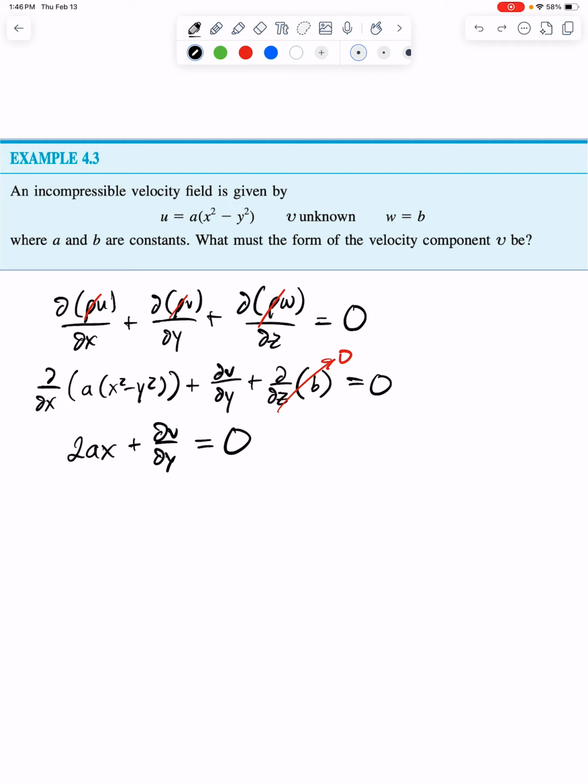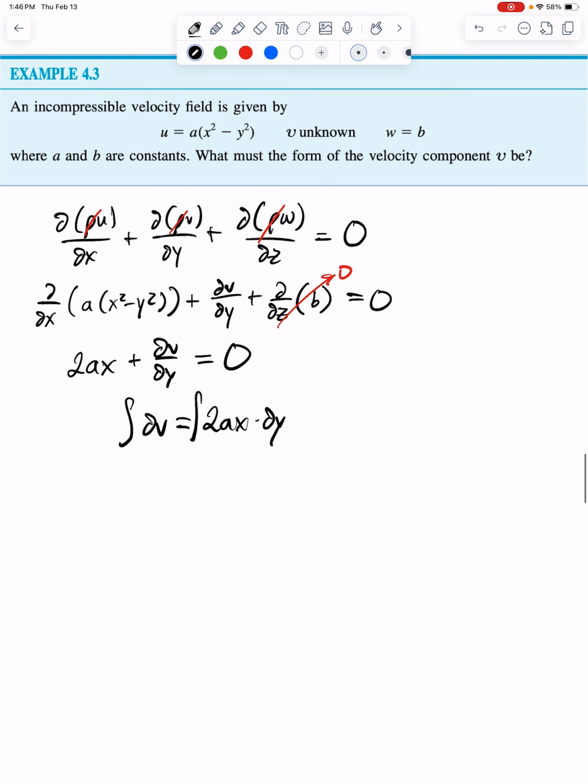So I move the 2ax to the right-hand side, and I multiply both sides by dy, and I integrate both sides, and what I get is v equals, sorry, there should be a negative sign here, negative 2ax. This is a constant with respect to y, multiplied by y, because now y is the variable.